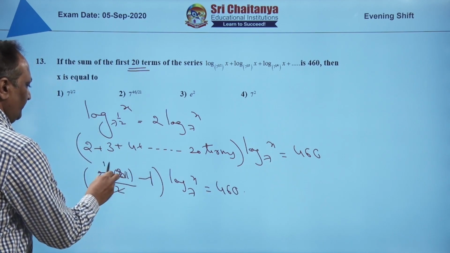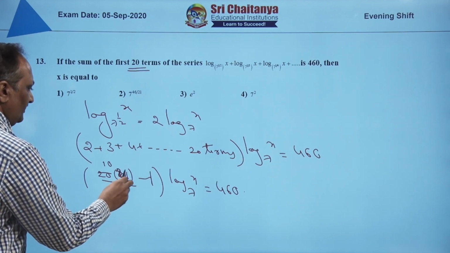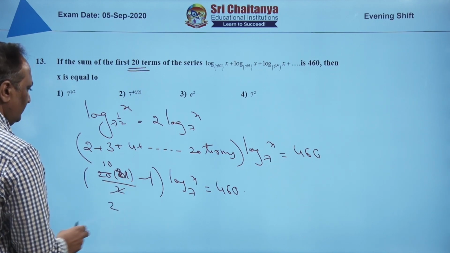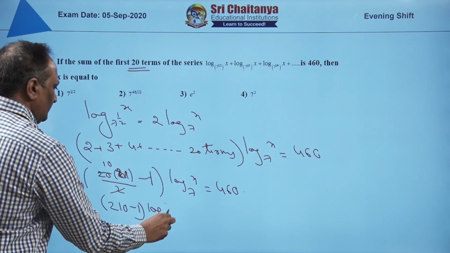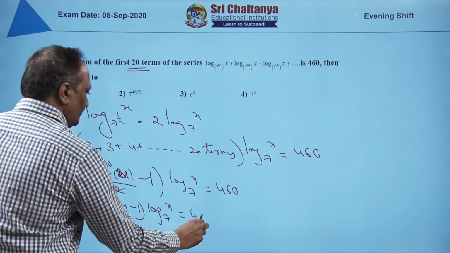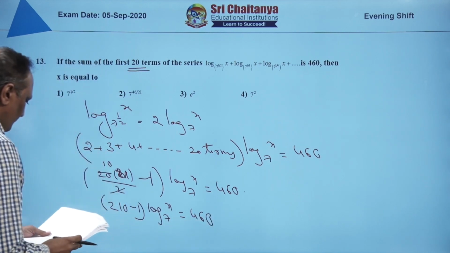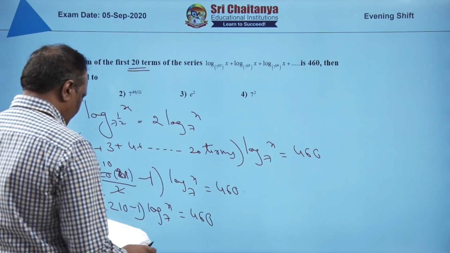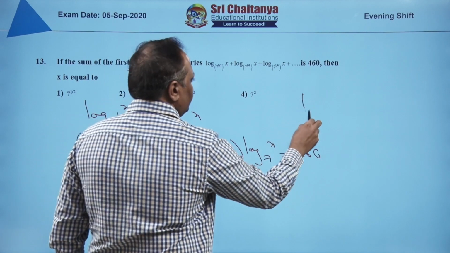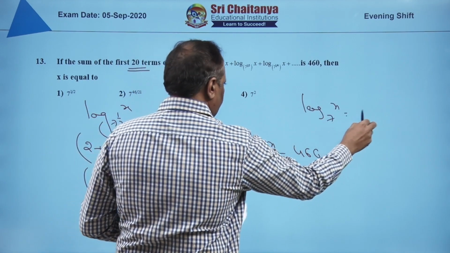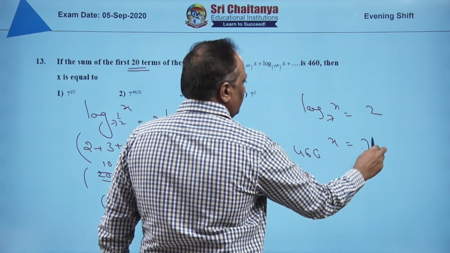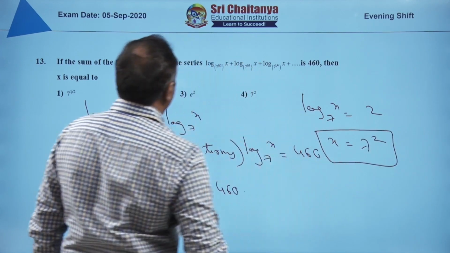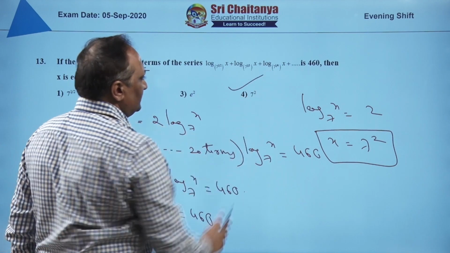Simplifying this, 20 into 21 by 2 is 210, minus 1, into log x base 7 is 460. By simplifying, log x base 7 is nothing but 2, x is nothing but 7 square, so the fourth option is the correct answer for that question.